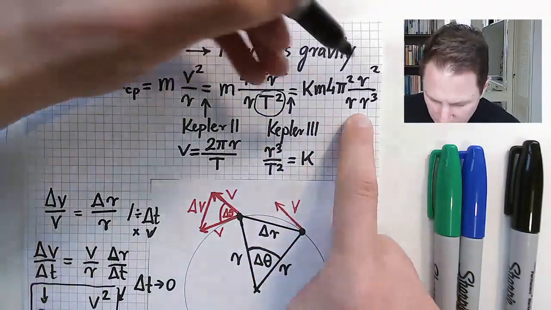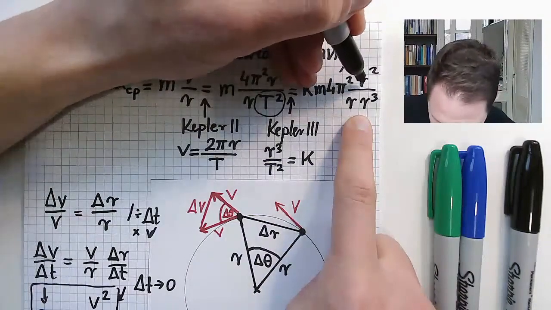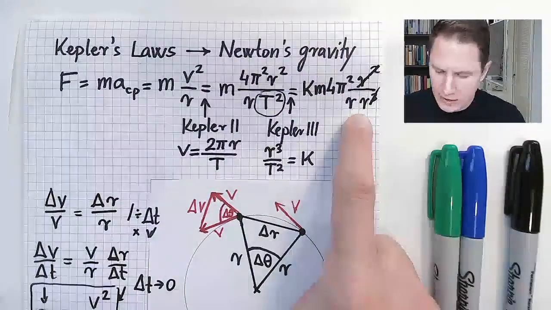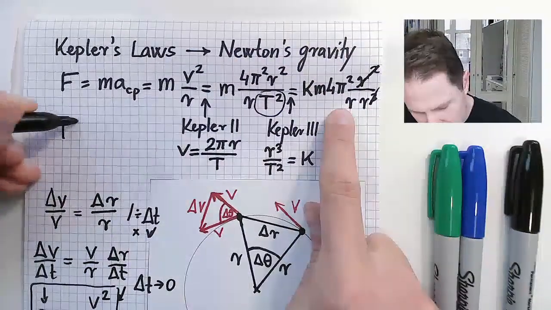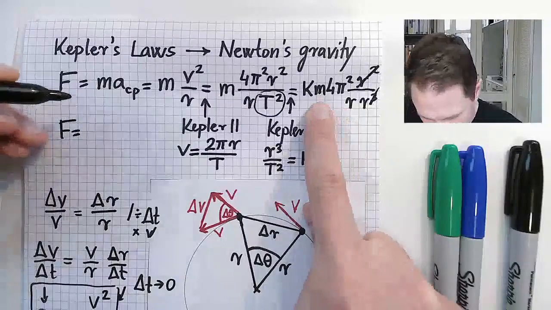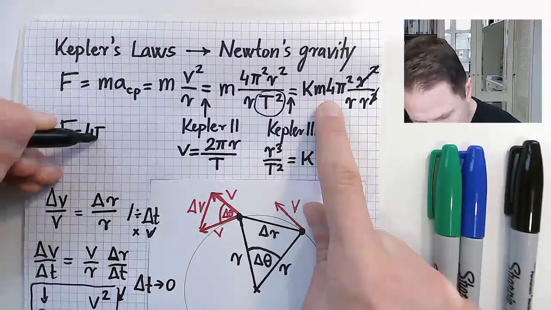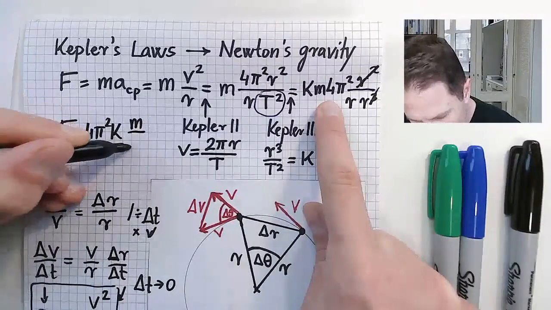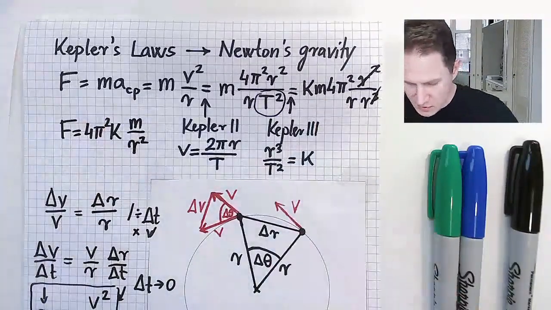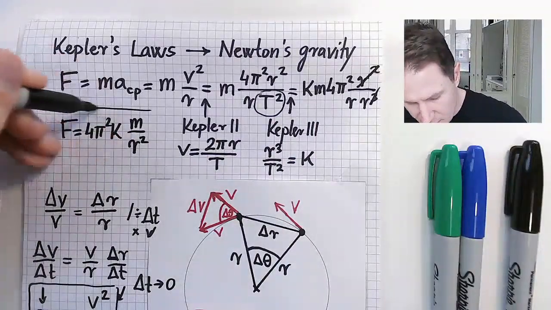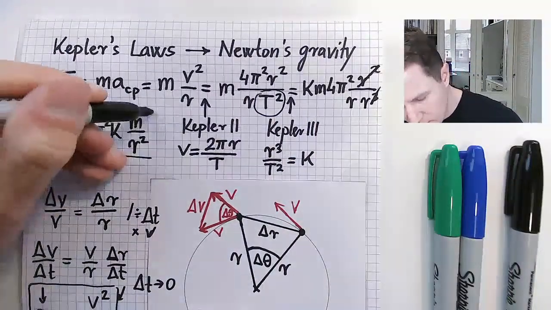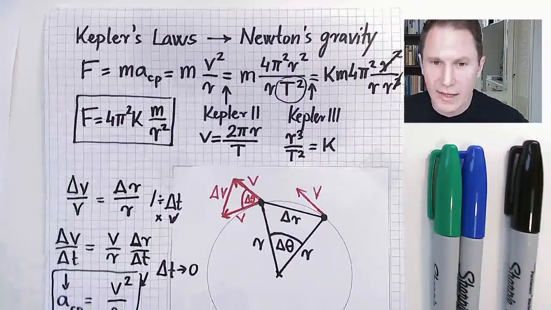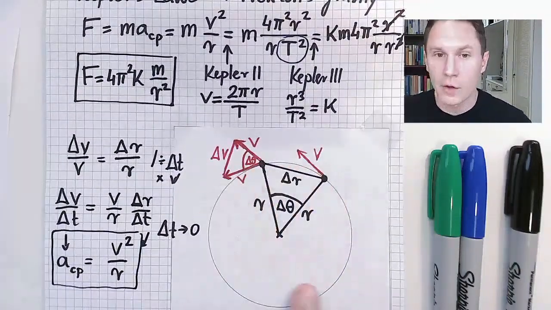If I simplify by r squared, you see that I got for F the following: 4 pi squared k times m over r squared. So this is the inverse square law. This is Newton's gravity for the special case of a circular orbit.